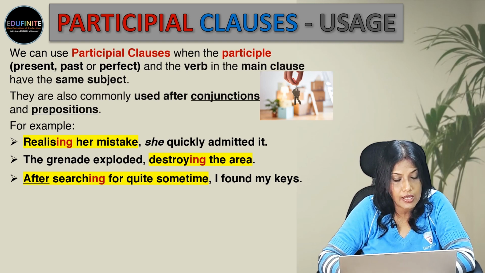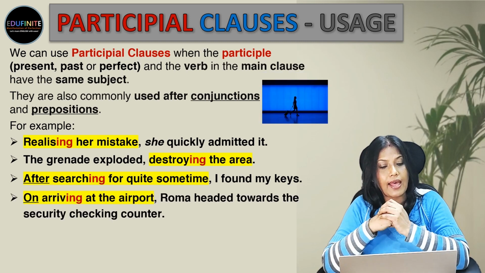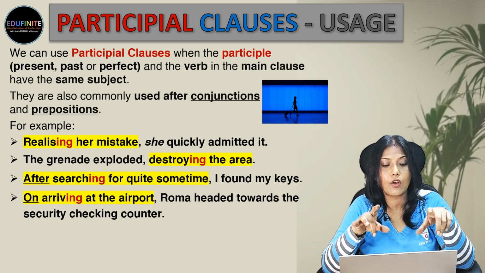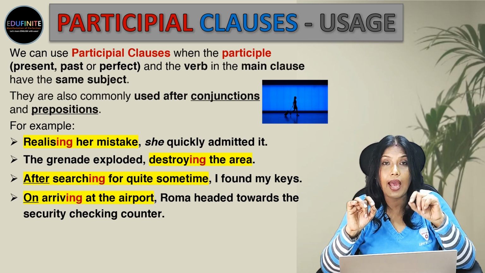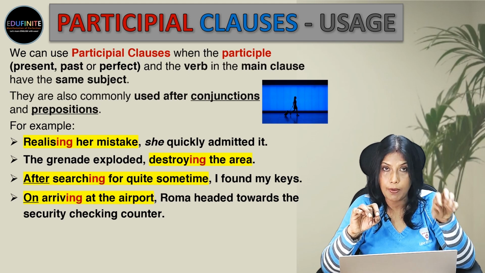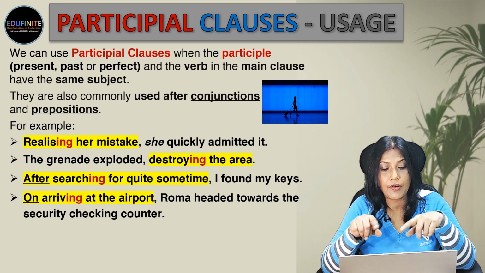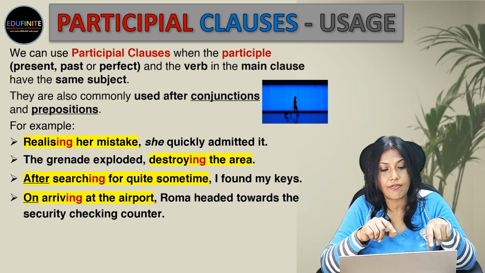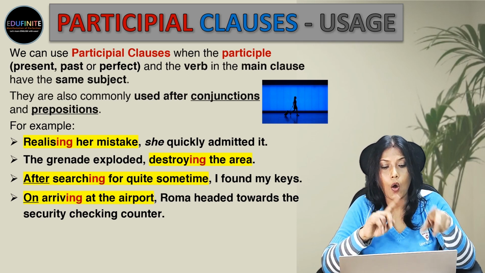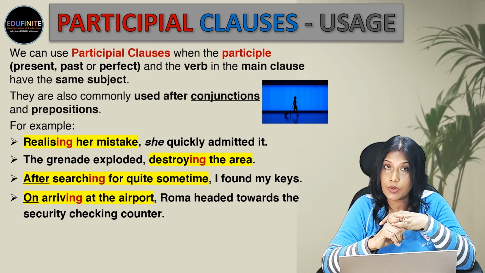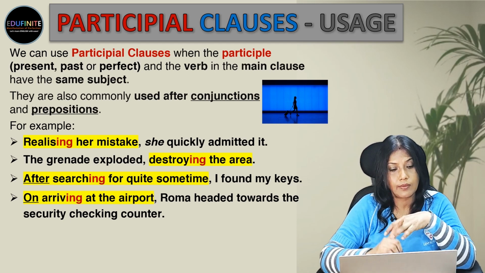I found my keys. On arriving at the airport, so again, see, the participle clause is arriving at the airport. Here on is the preposition and we have used the present participle arriving just after it. So on arriving at the airport, Roma headed towards the security checking counter.